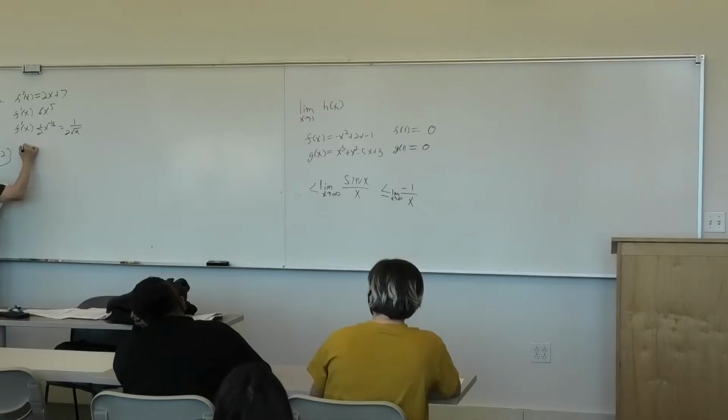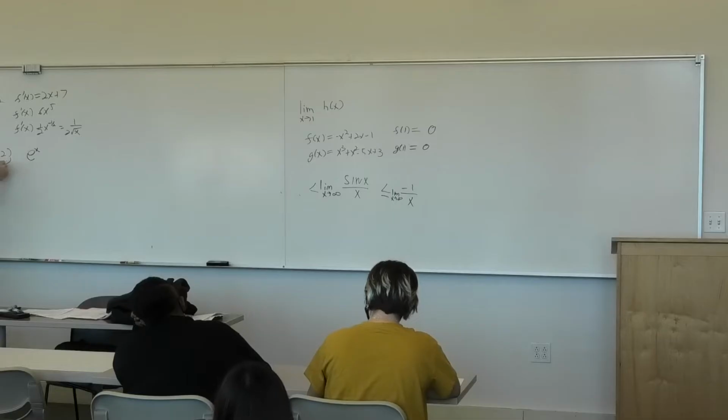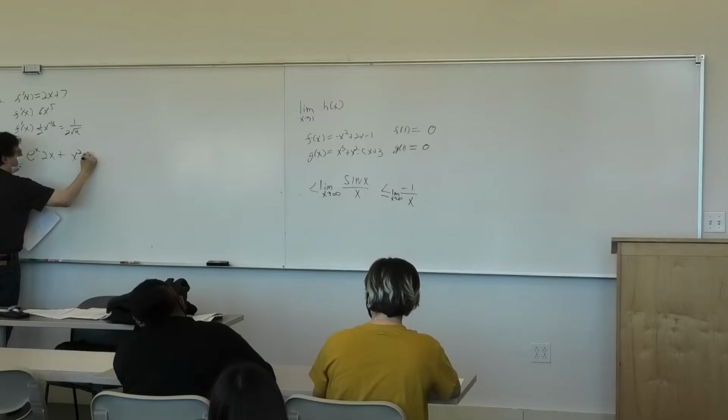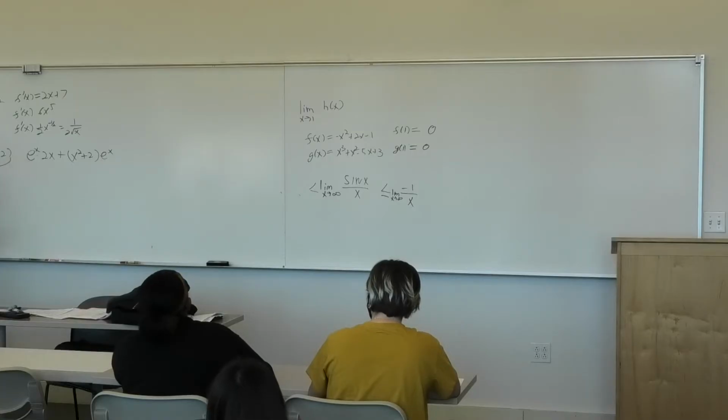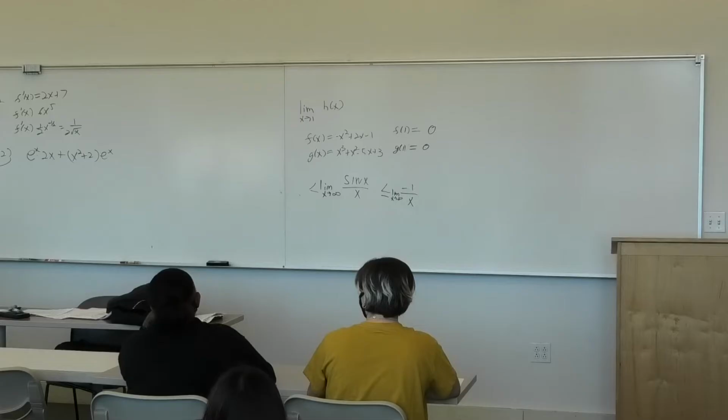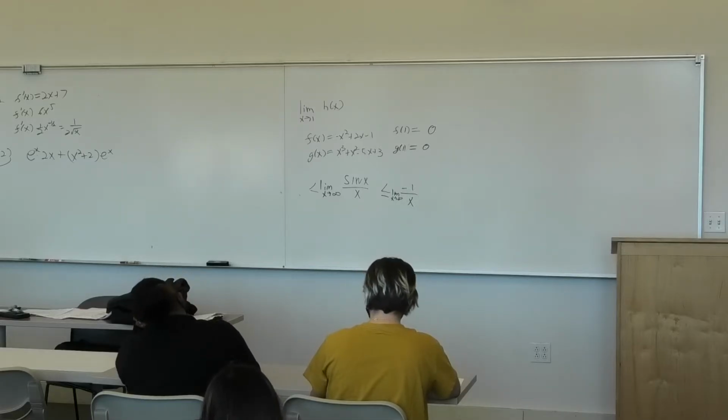Product rule says e to the x times the derivative of this plus this times e to the x. That's all you had to put. If you wanted to factor the e to the x out, great. In some of your exams, you wrote down the wrong answer, but I looked backwards and you had the right answer at what I would have accepted, and then you did some algebra and got it wrong. And I just crossed it out and gave you credit, because we showed you knew how to do the calculus.